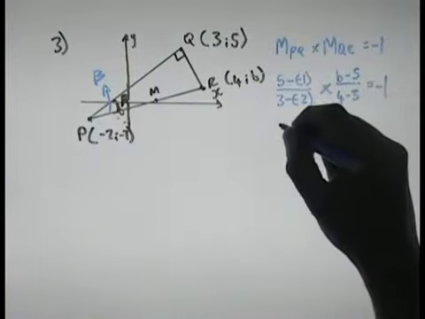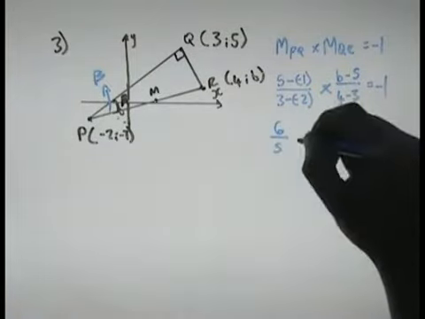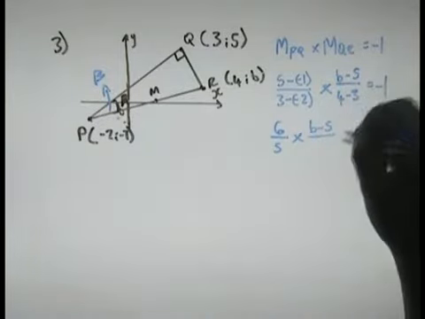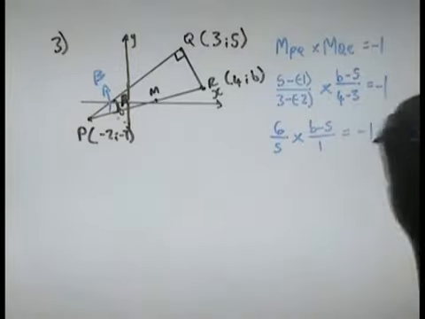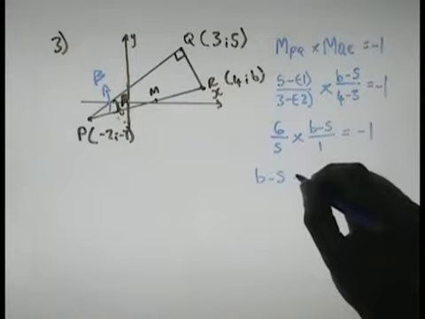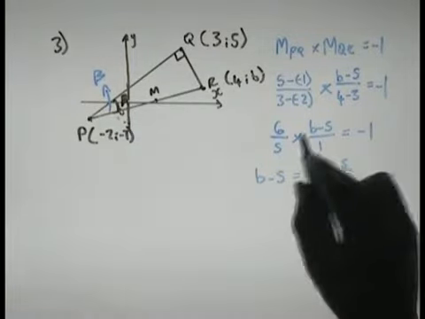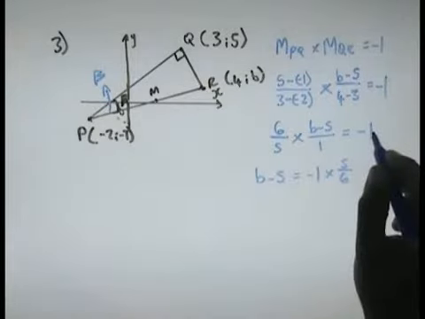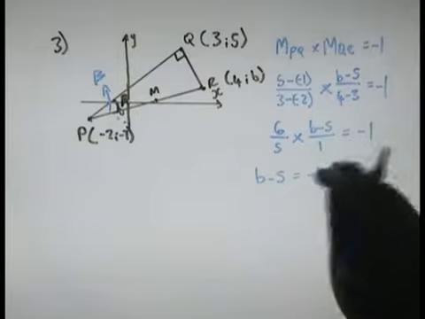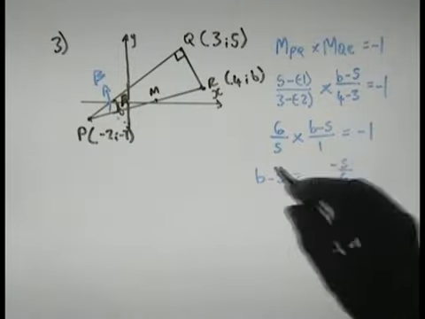5 minus -1 is 5 plus 1, which is 6. 3 plus 2 is 5. 6 over 5 multiplied by b minus 5 over 1 is equal to -1. That means that b minus 5 is equal to -1 multiplied by 5 over 6, to get rid of it on that side. That means that b minus 5 is equal to -5 over 6.